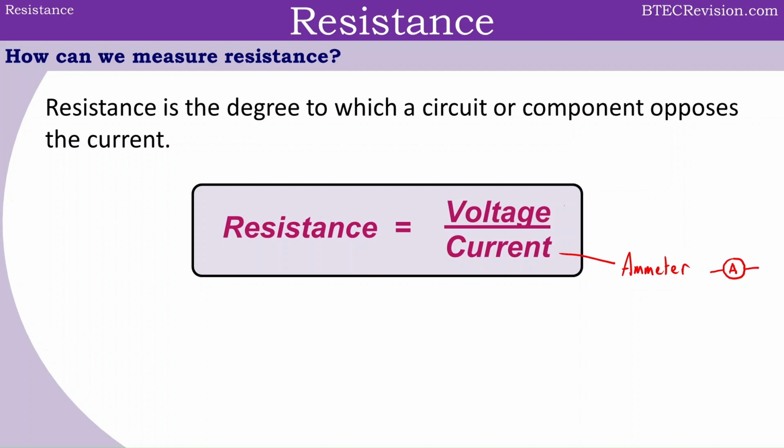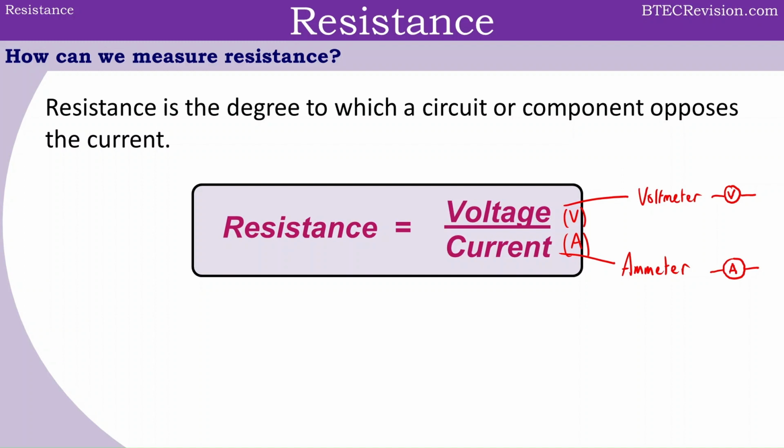And for voltage, we can use a voltmeter, which has the symbol V with a circle around it. Looking at the units here, we have current, which is measured in amps. If you remember from last lesson, that would be capital A, and V for volts.